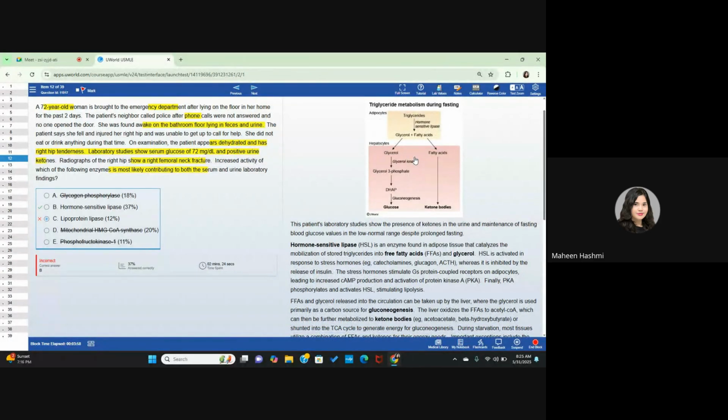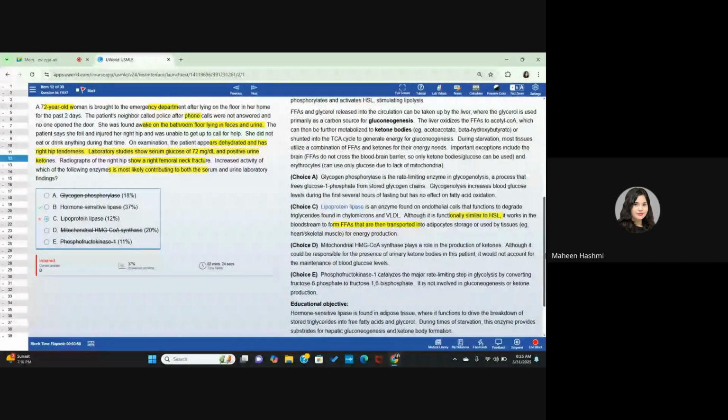It's not producing glycerol, which can go on later to produce glucose. Functionally they are similar, but lipoprotein lipase is only producing FFA, which is getting stored into the tissues for energy production. But glucose is the main source of energy for the body, and FFA comes later.